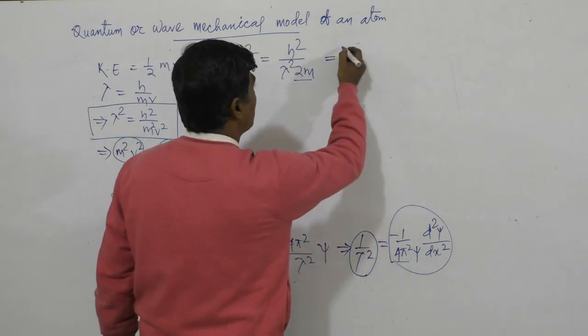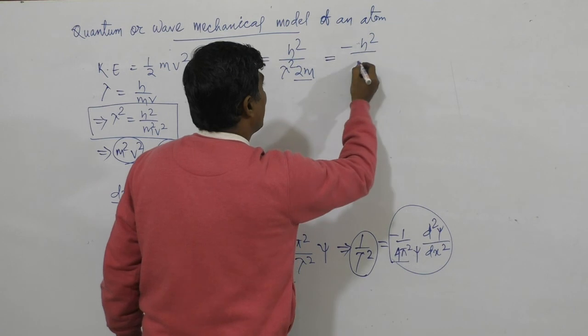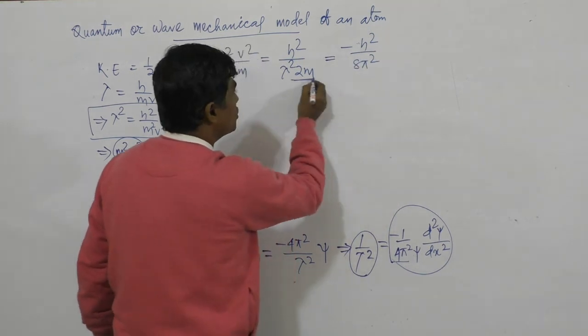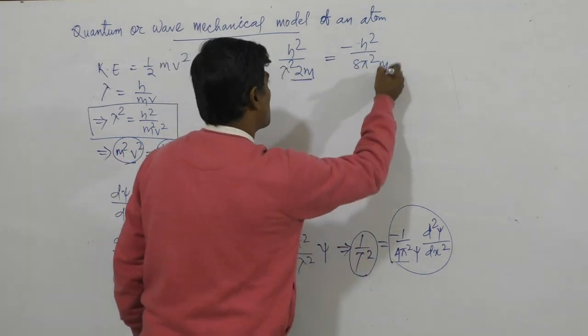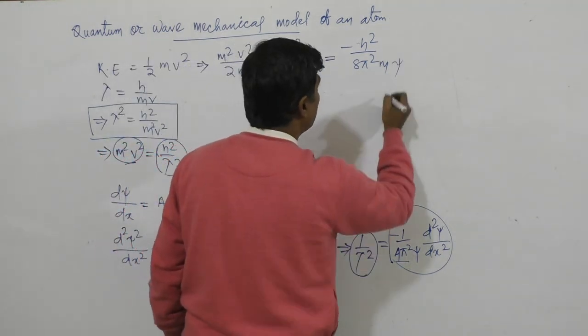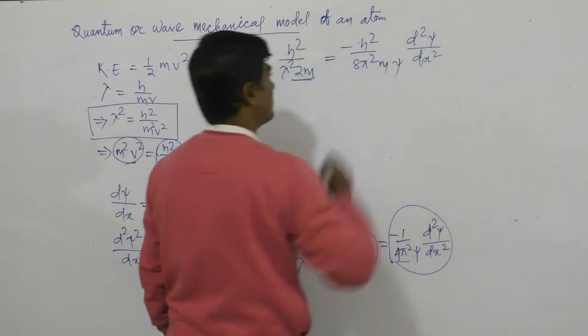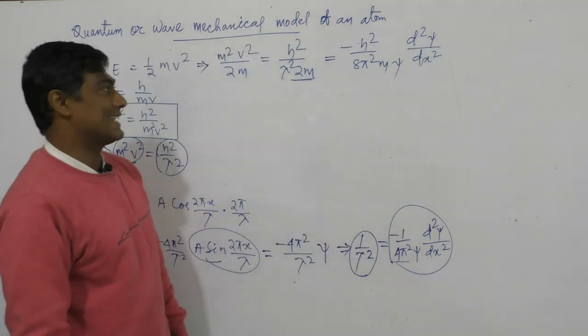So let us write minus h square by 8 pi square m, psi, d square psi by dx square.